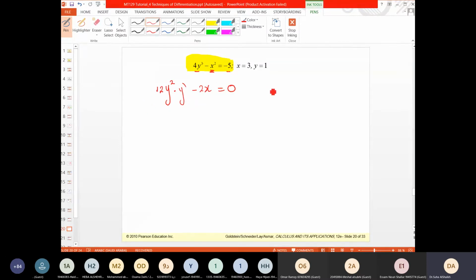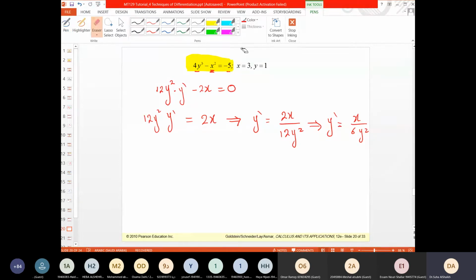Now, after I find the derivative of each one of the terms, I keep y dash on one hand side and I bring everything else to the other hand side. This implies that y dash is equal to 2x over 12y square. And this implies that y dash, which is the derivative I'm looking for, is equal to x over 6y square.